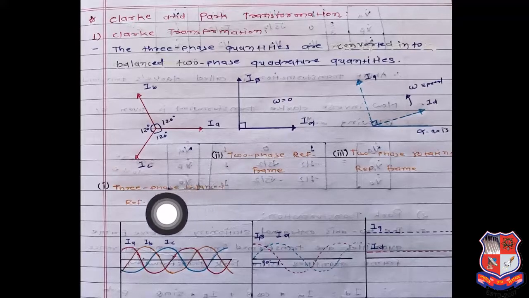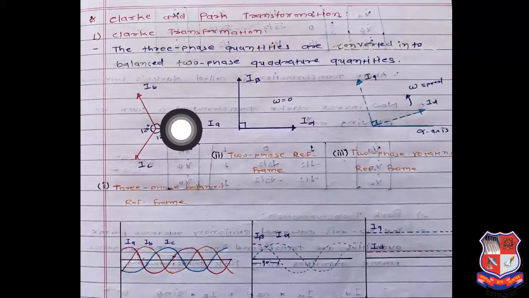The transformation from the 3-phase balanced reference frame to the 2-phase stationary reference frame is called Clarke transformation, and from the 2-phase quadrature axis to the 3-phase balanced set it is called inverse Clarke transformation.